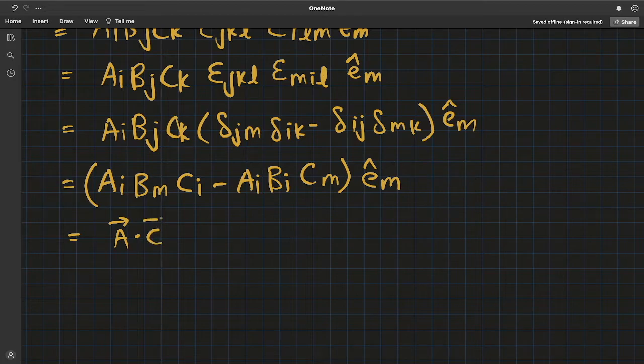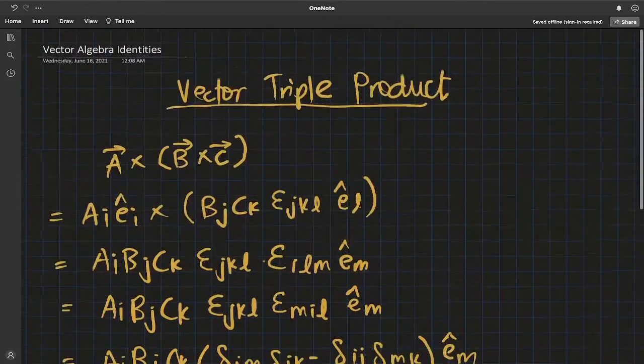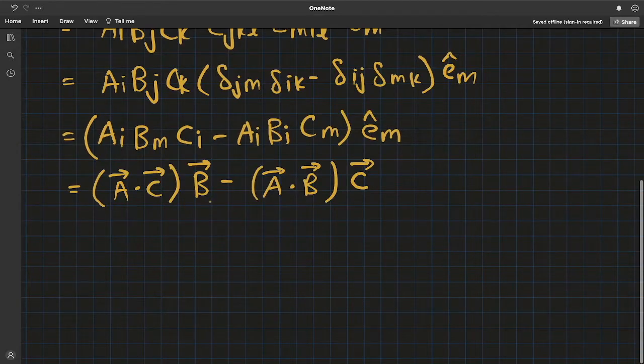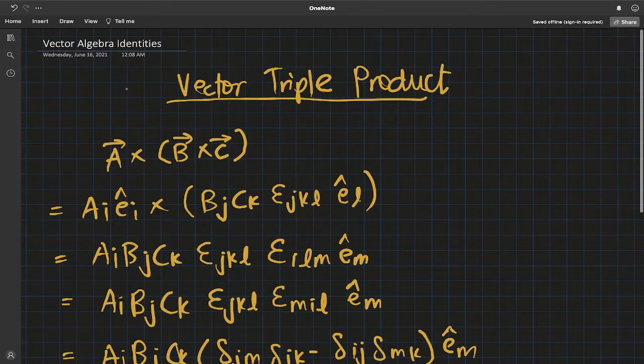So we'll have this minus, well, here we have a dot with b, that's clear, and a c hat. So that is what this vector triple product results in. Yep, it's pretty neat. I personally really like this identity a lot.